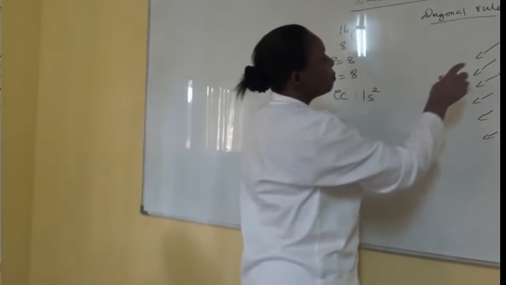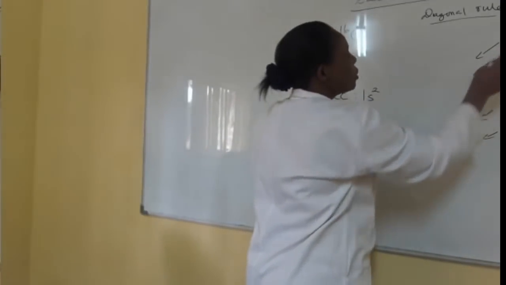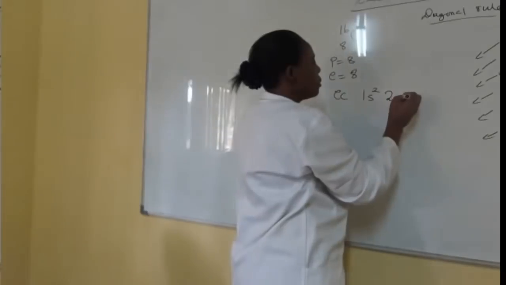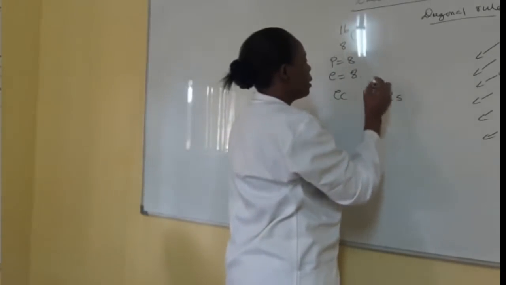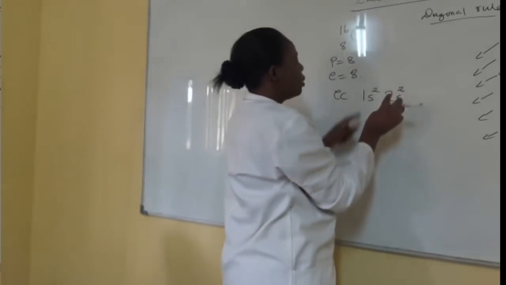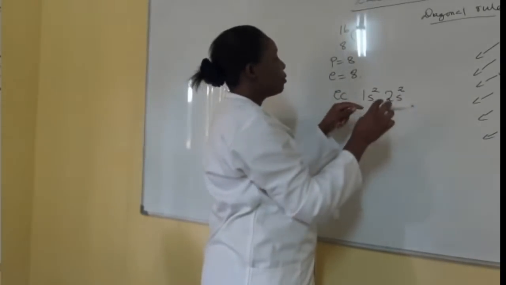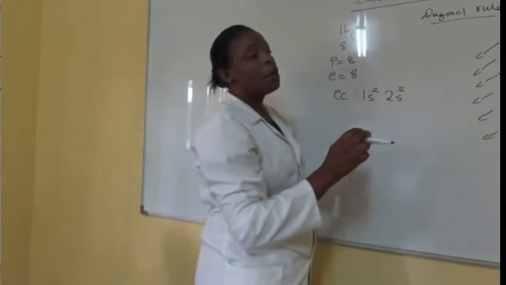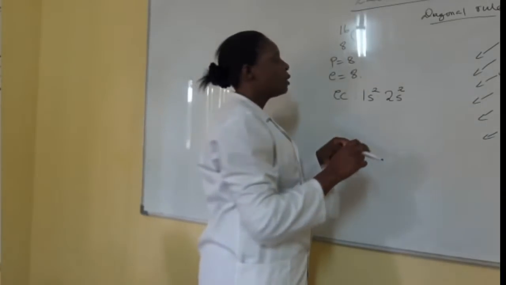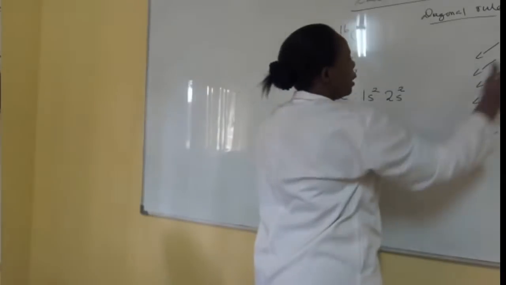And then the next electrons go to the 2s. And how many electrons occupy that? It's 2. So we've already distributed 4 electrons from the 8. We're remaining with 4. So the next will go in the 2p.